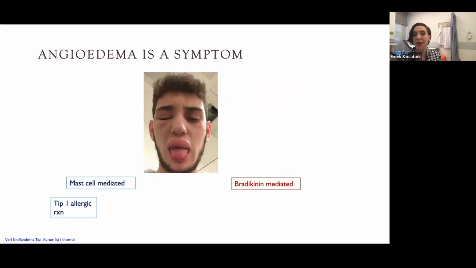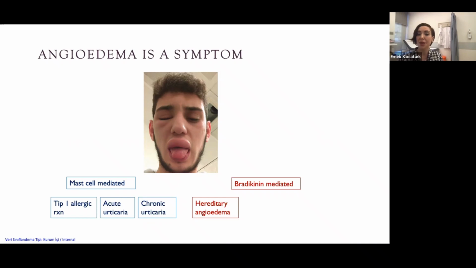First, angioedema can be mast cell mediated, and it can originate from type 1 allergic reactions, but it's usually in the emergency room. So we as clinicians in routine polyclinics consider them as having chronic urticaria or acute urticaria, but sometimes, as I mentioned, it can be bradykinin mediated.